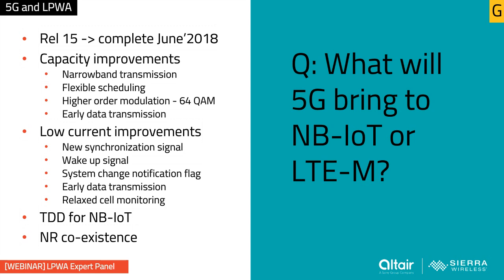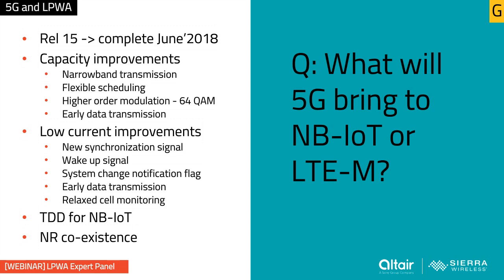But also you can see there quite a long list of current consumption improvements. This is probably more market driven. The feedback has been, really there is no such thing as too low a current. Everybody wants to get lower and lower. So there's a good 5 major features that are going into Release 15 for current consumption. For NB-IoT, they're adding the time division duplex capability.